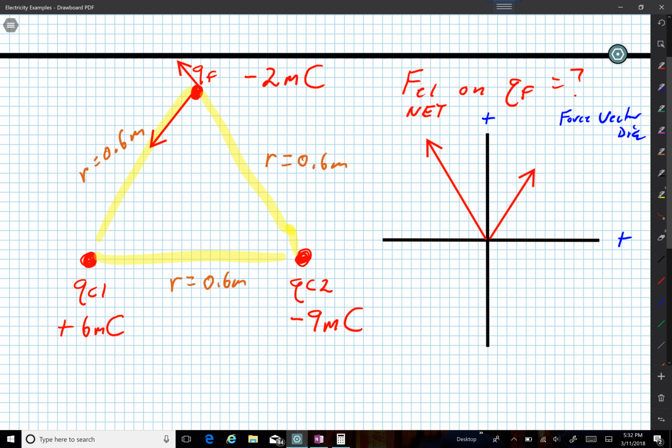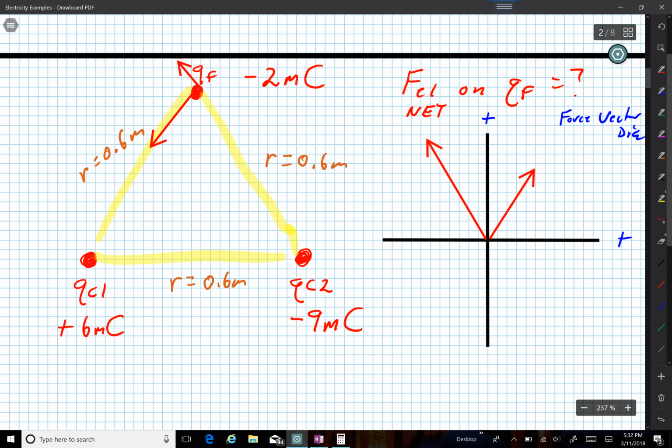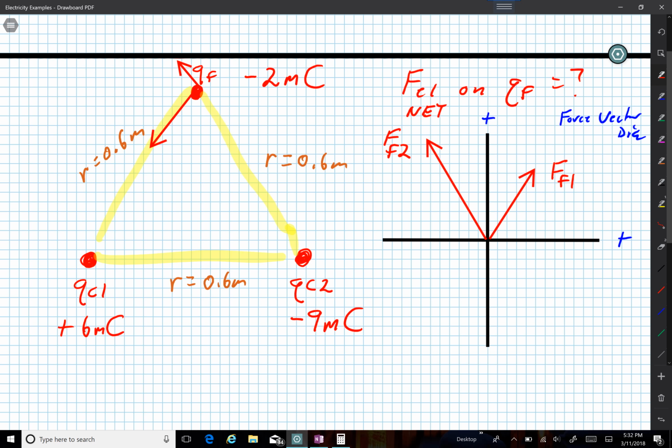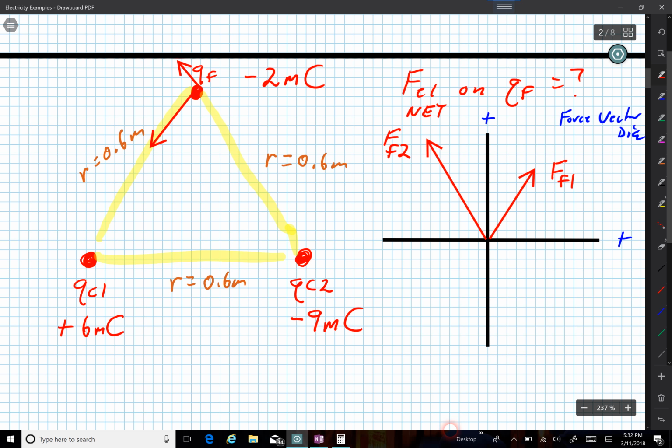So I'm using my physical diagram to help inform me about my vector diagram. This is force, and we're going to call this F1, and this is going to be force F2. And here's my reasoning behind the way I'm naming things.